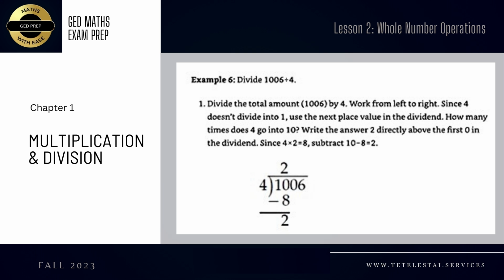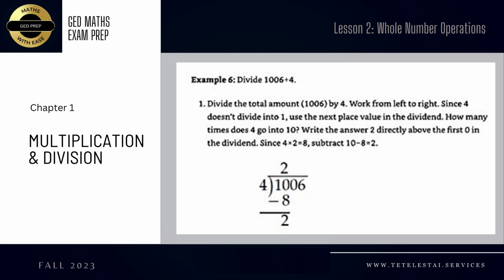And it's very important that you remember division is the only time that you work from left to right. Every other scenario, you work from right to left. Okay? So working from left to right, you want to ask yourself, how many times does 4 go into 1? Well, 1 is less than 4, so we know that that doesn't work.